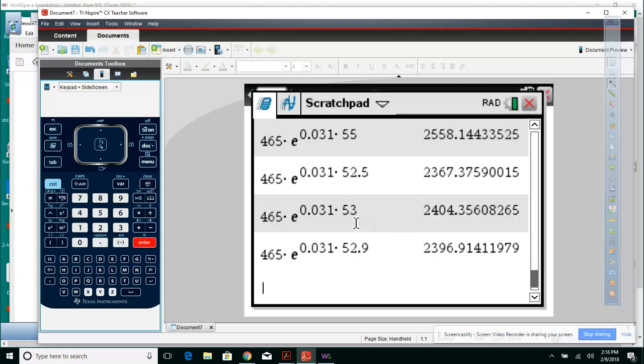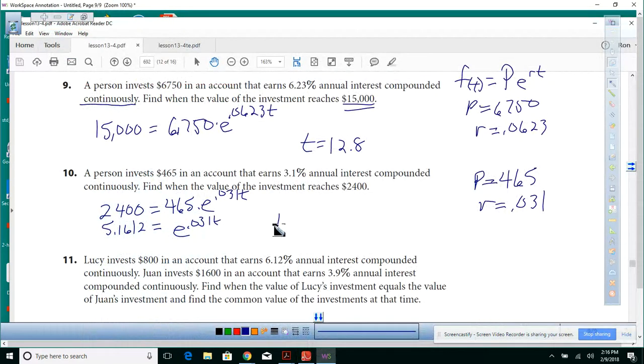Okay, so it's somewhere there. I'm thinking 52.94 or something like that. So we're going to say T is approximately 52.9. Okay, that's pretty darn close.